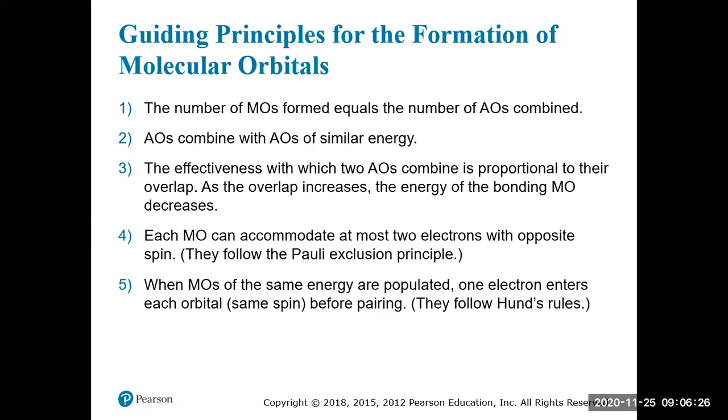That's similar to what we did in the atomic orbitals. And at 5, when molecular orbitals of the same energy are populated, you get 1 electron entering each orbital. In other words, each one gets filled with the spin pointing up before they start pairing. Once again, that's Hund's rule that we learned for filling atomic orbitals. So it's the same idea here.